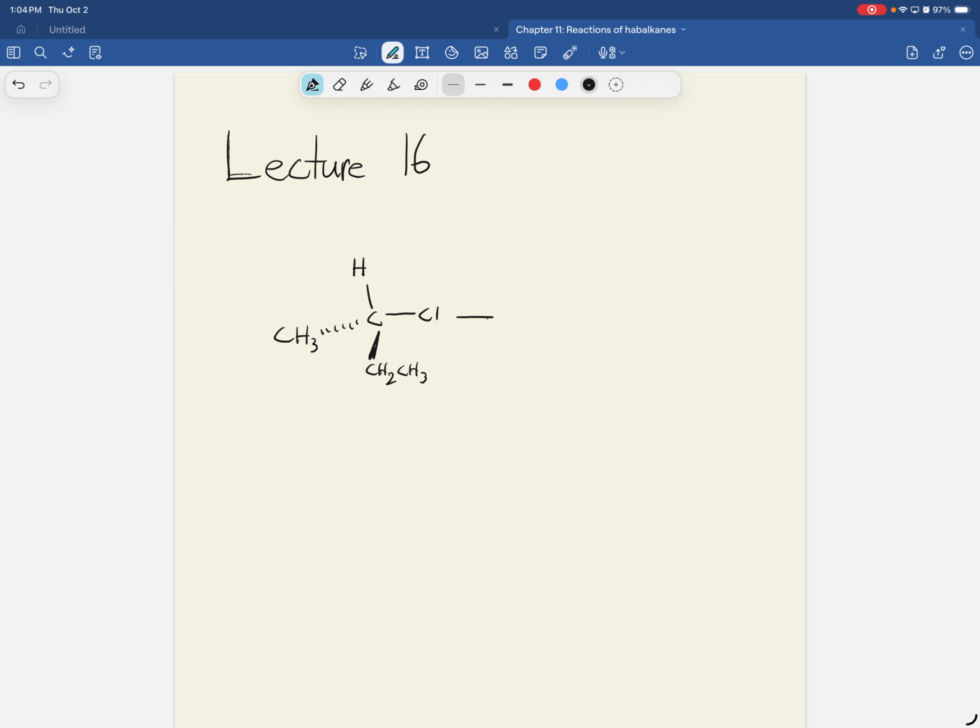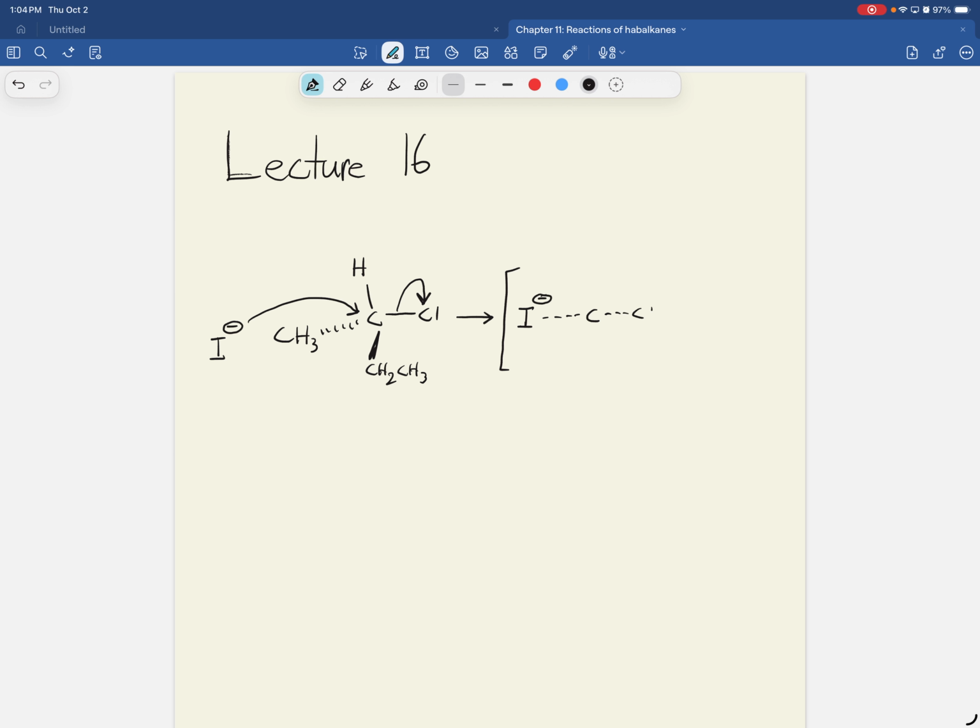All right, so our iodide here, remember, SN2 is backside attack. All right, so partial bond here is forming to the carbon atom.